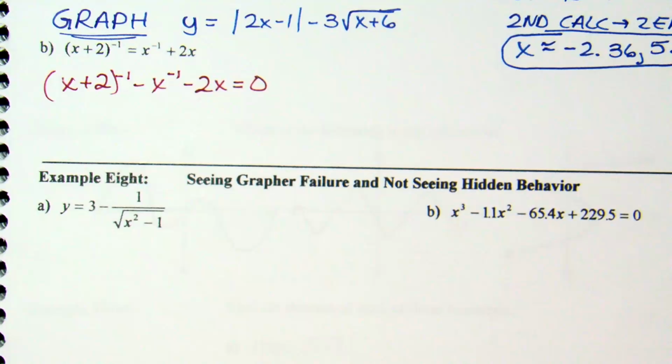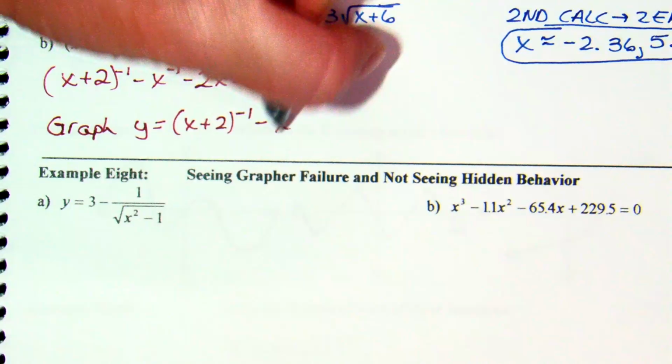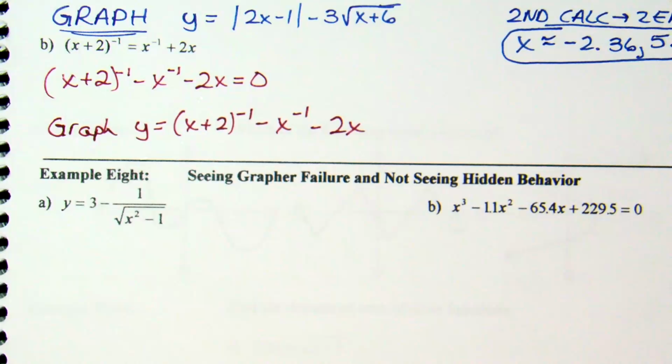Then you're just graphing that: y equals x plus 2 raised to the -1 minus x to the -1 minus 2x. When I say -1, make sure you use your negative button on the calculator. Don't try to put a minus in the exponent. It'll give you an error.